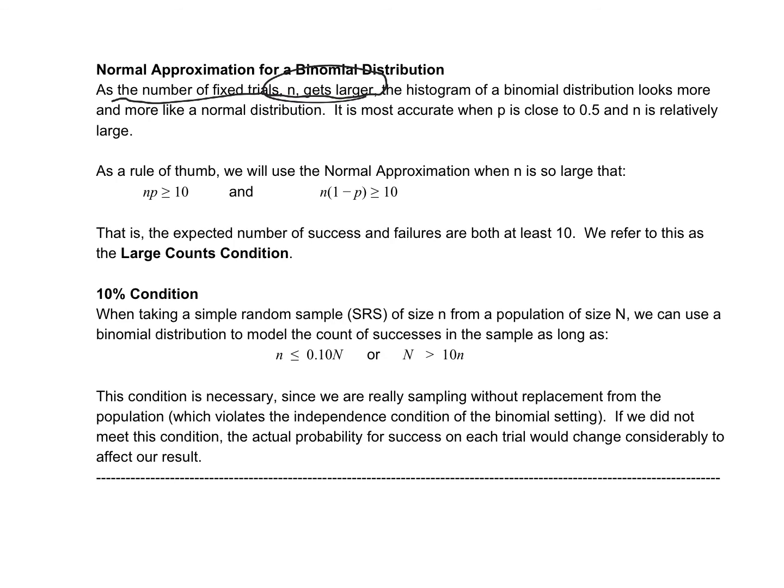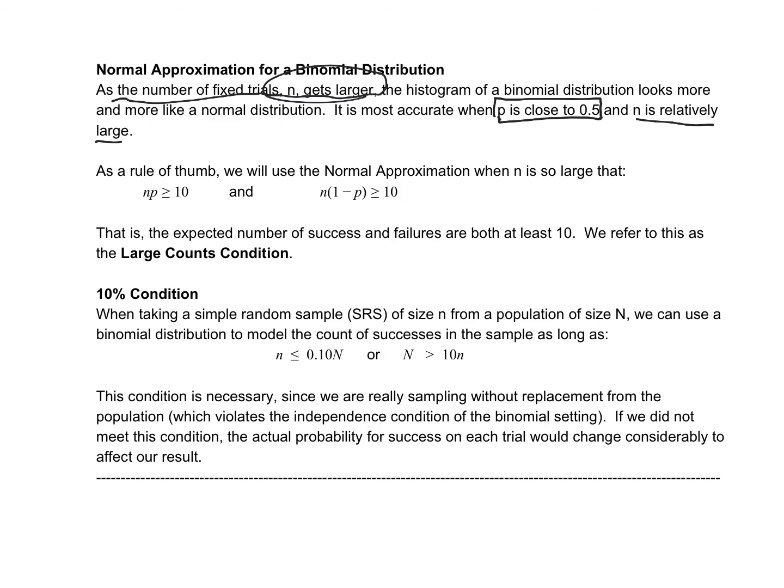As n gets larger, the histogram looks more and more like a normal distribution. So as n gets bigger, this thing becomes sort of normal. And it's most accurate when p is closest to what? 0.5. And n is relatively large.